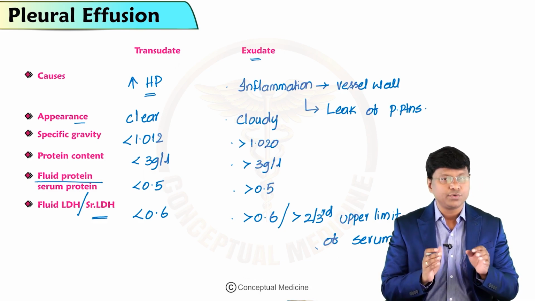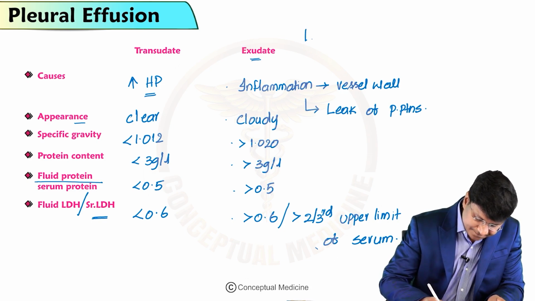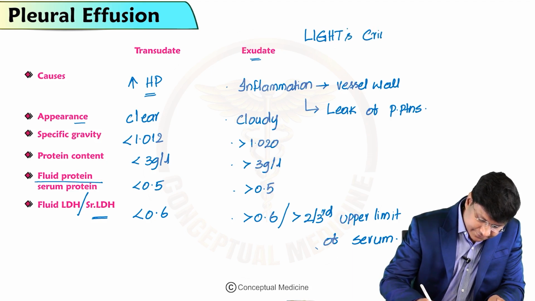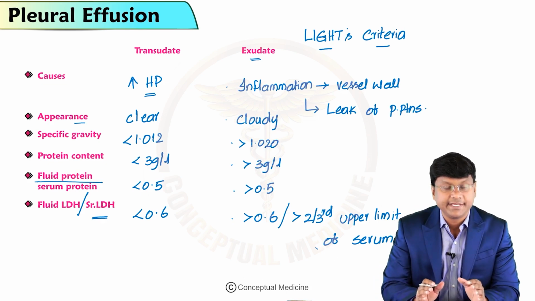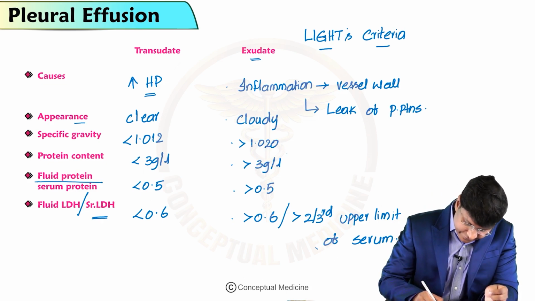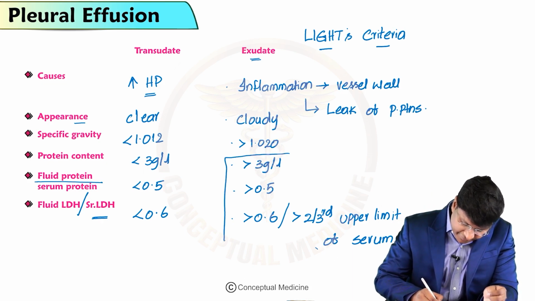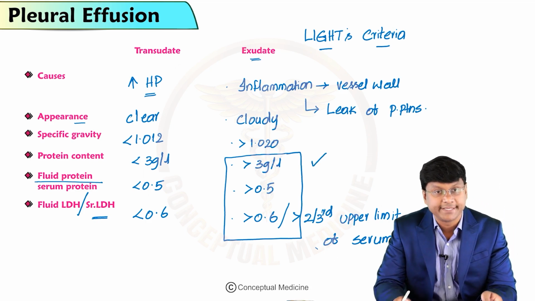Now, we need to understand a very important criteria in exudative pleural effusion, that is Light's criteria. So, what is this Light's criteria? Light's criteria is that where you have the exudative type of pleural effusion within the individual, and these three features should be there.